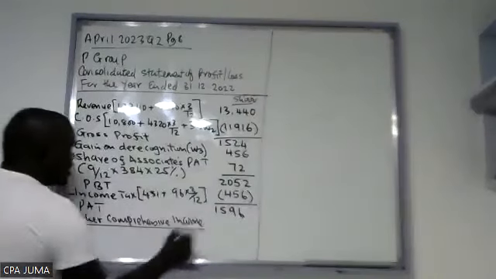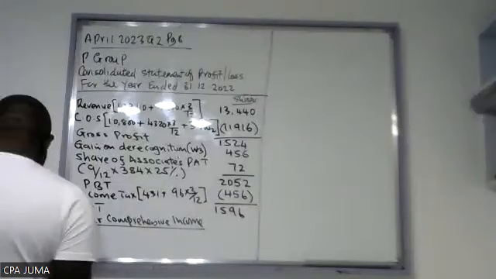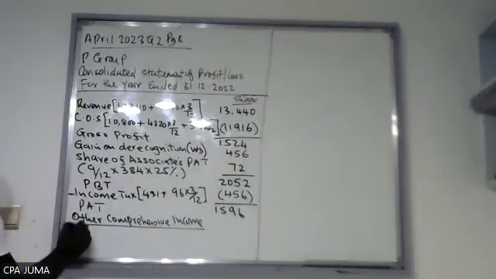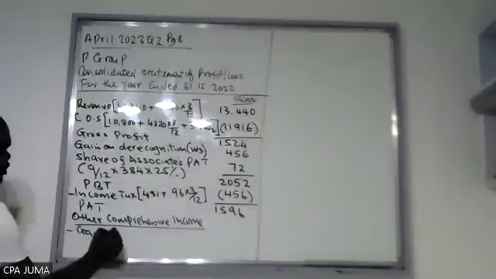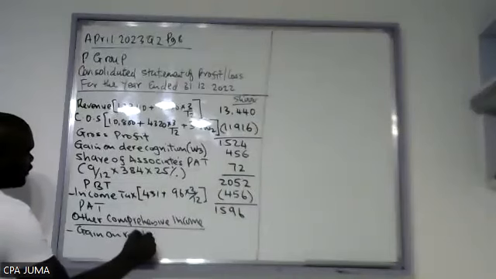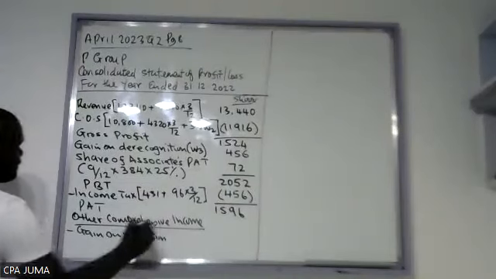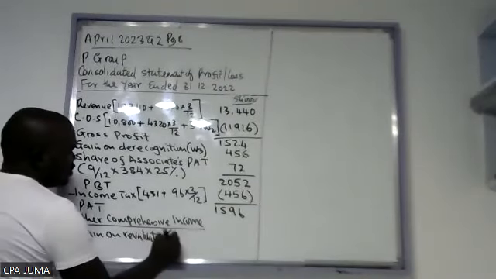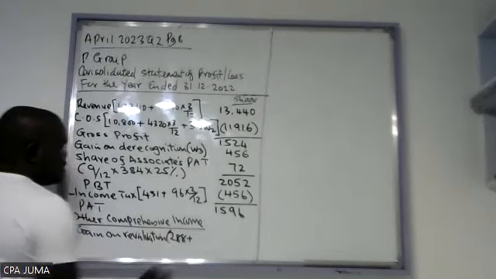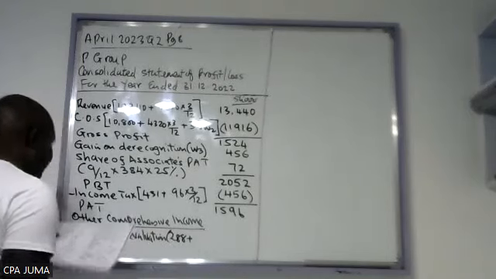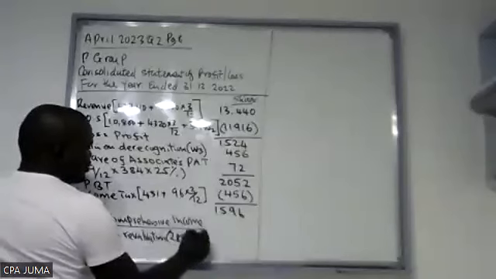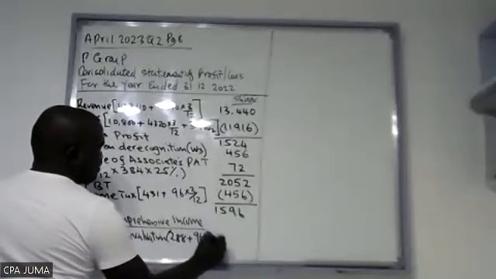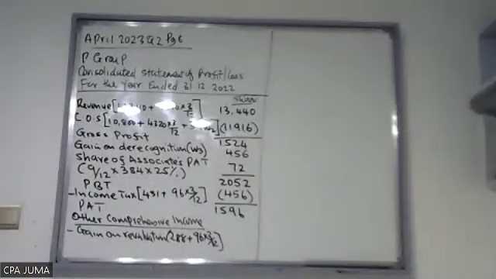In other comprehensive income, we have gain on revaluation. We have 288 plus 96 for 3 months. How much will that be? 312.